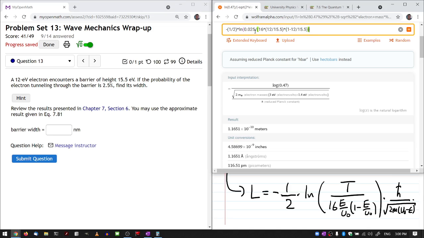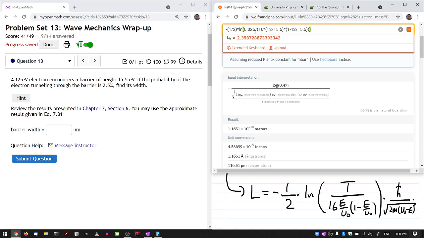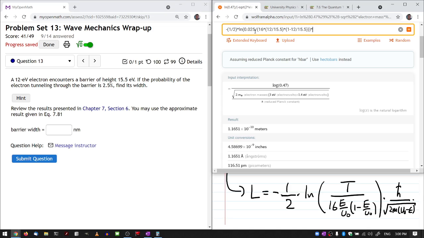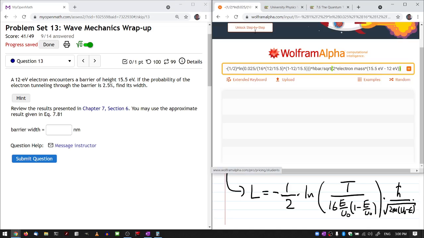That's the whole thing under the natural log, times, and now I need Planck's constant, h bar, divided by the square root of 2 times electron mass times, and here I do need to plug in the units, 15.5 eV minus 12 eV. Okay, I think that's everything. All right, let's see what we get.